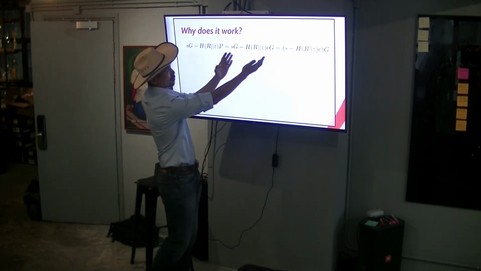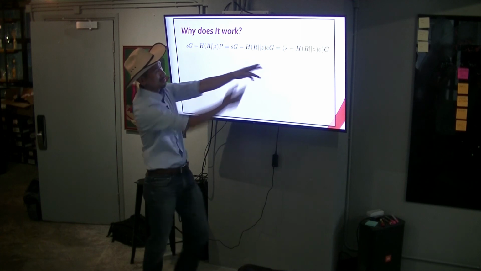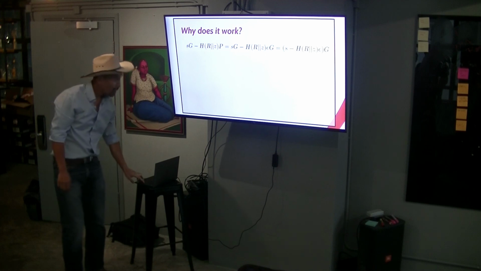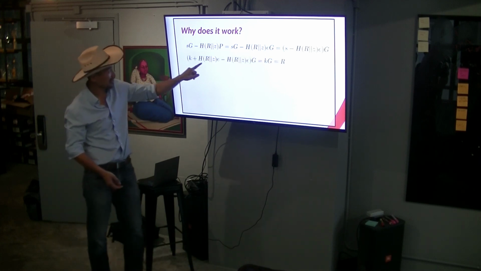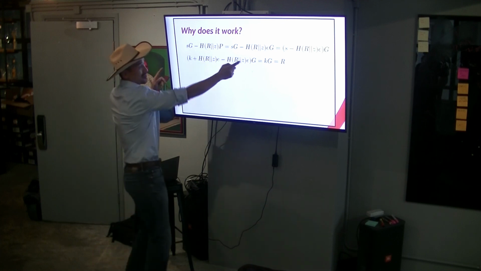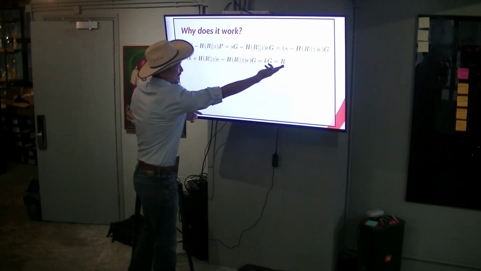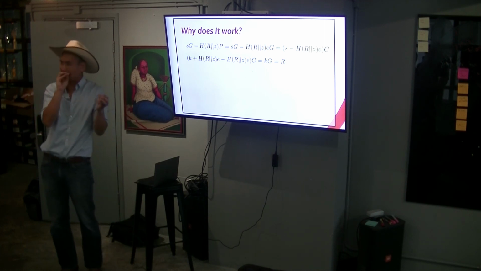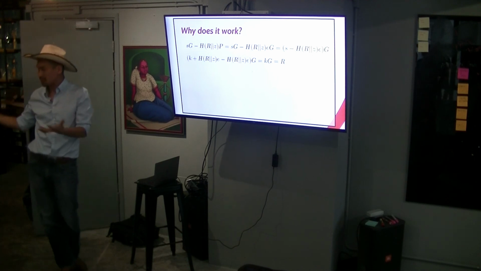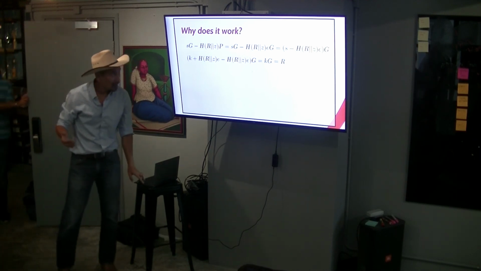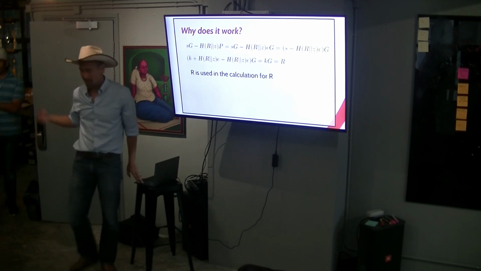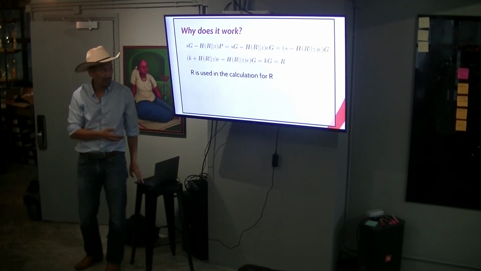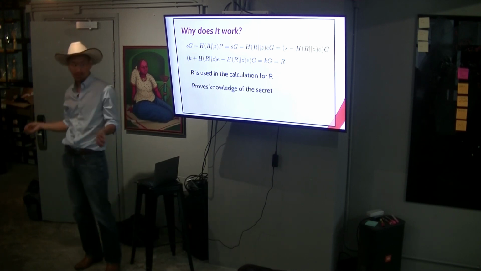And then you can sort of group the terms together and take out G from both, and you get S minus H of R, Z and E. And then S has a definition, which is K plus H of R, Z, and E, and these two terms cancel out. And you get KG, and KG was defined as R. So it comes out to the same thing because we specifically made S so that it would come out to the same number. R is used in the calculation of R, and therefore we know the secret, and we were able to manipulate everything going forward. And that proves knowledge of the secret.